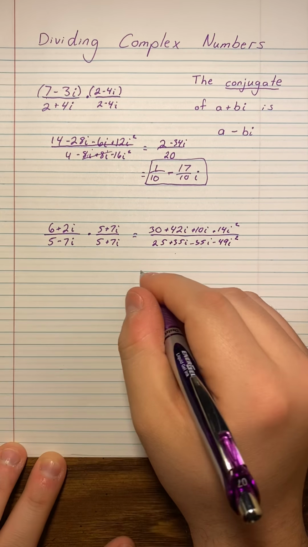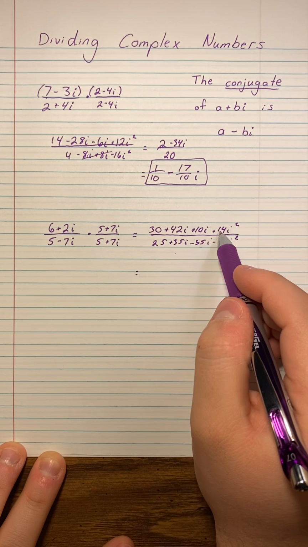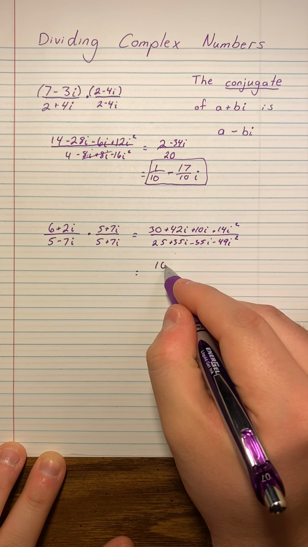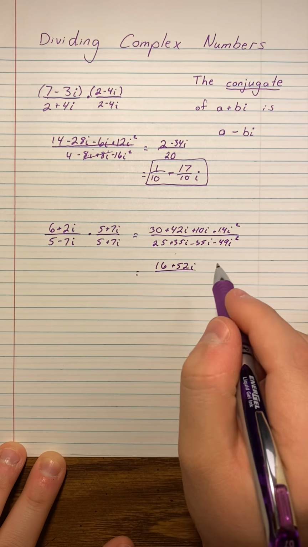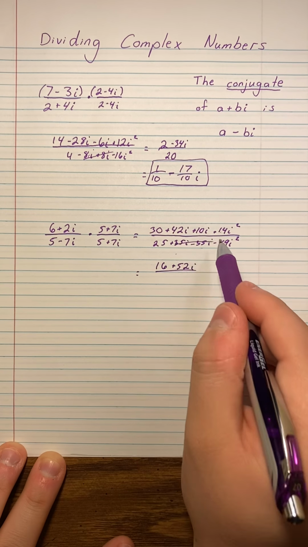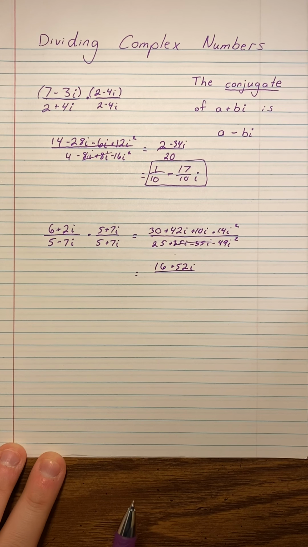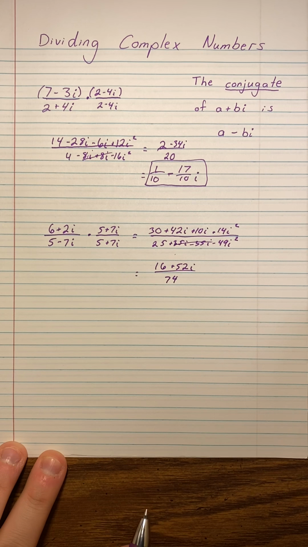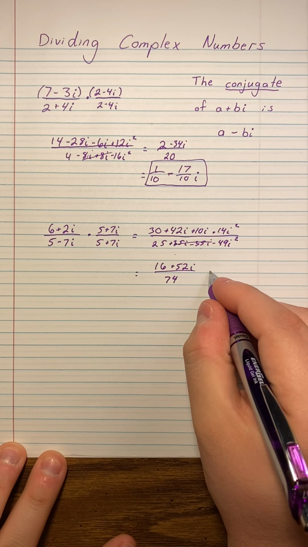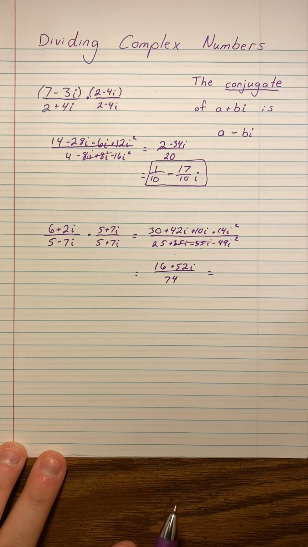Now combine like terms. 30 minus 14 is 16 plus 52i. In the denominator, middle terms will cancel. What I'm really left with is 25 plus 49. That's 74. So now just simplify the fractions. 16 over 74, I can divide out a common factor of 2.